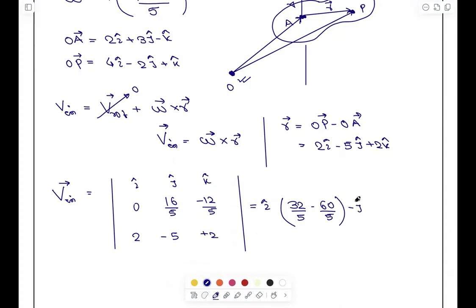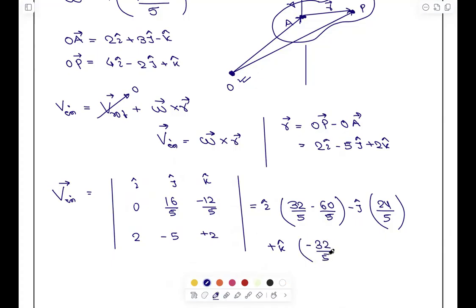Again for minus J, this is 0 and this is minus 12 into 2, that is 24 by 5, minus that is plus 24 by 5. And for K, this is 0, so this will become minus 32 by 5.